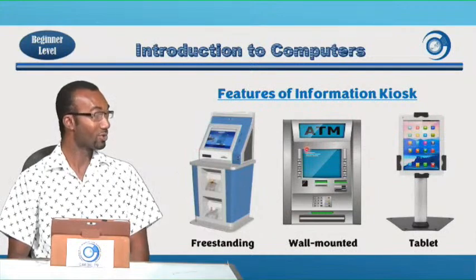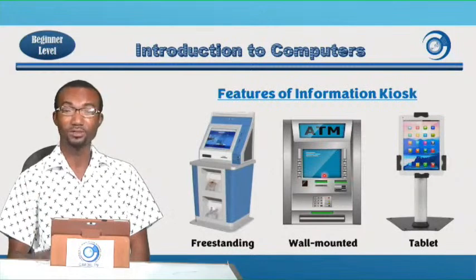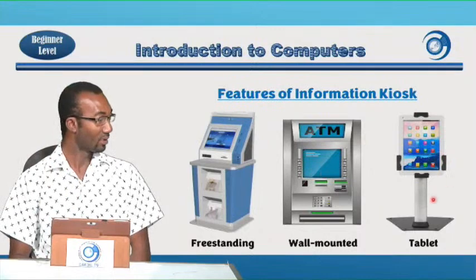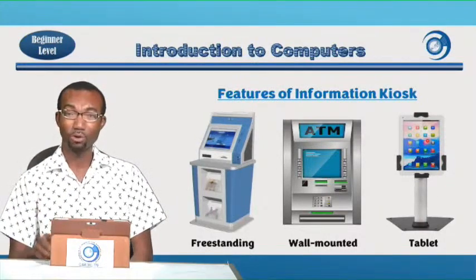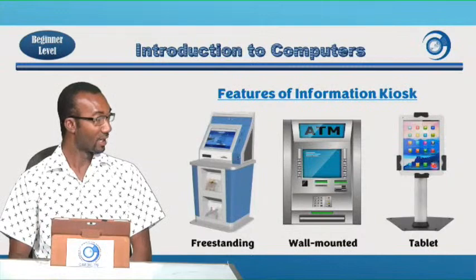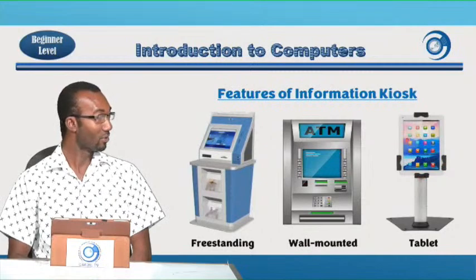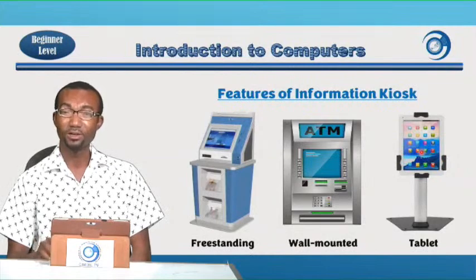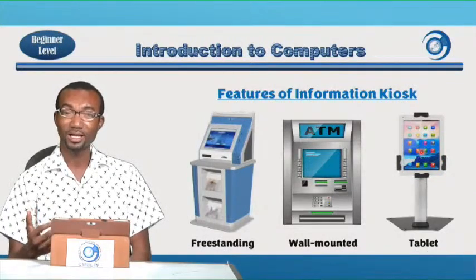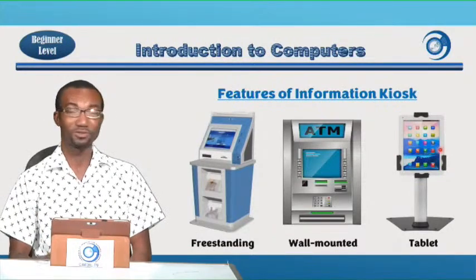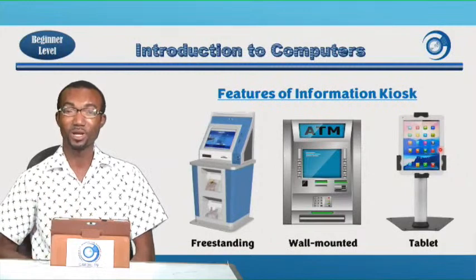Some also, when you go to the banks, for instance, they normally use the wall-mounted. You see that the ATM is fixed on a wall. And most of the time when you go to the banking hall, you will see this example of a kiosk computer also there. When you enter the banking hall, you just go to this tablet, you key in your contacts, and then it will bring out some numbers for you, and that is what the PA system of the bank will call as you enter the bank.